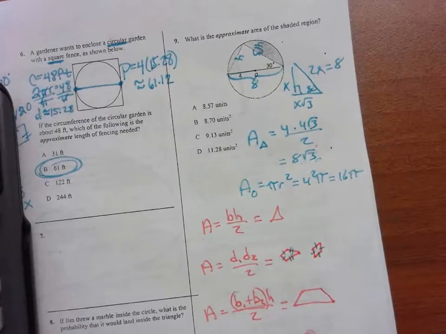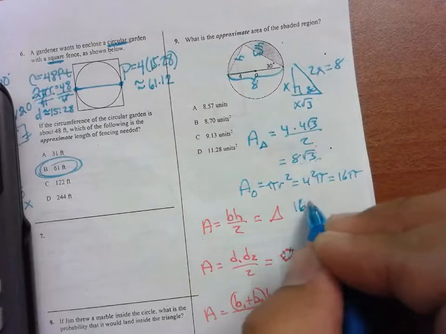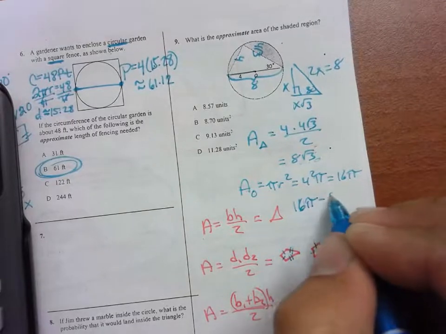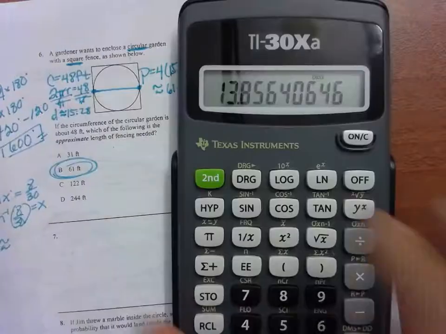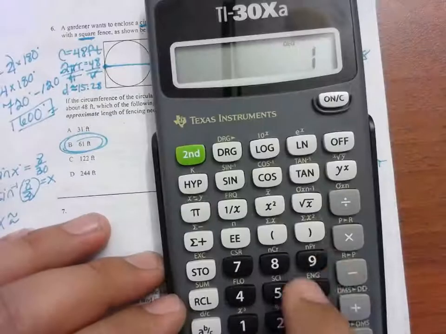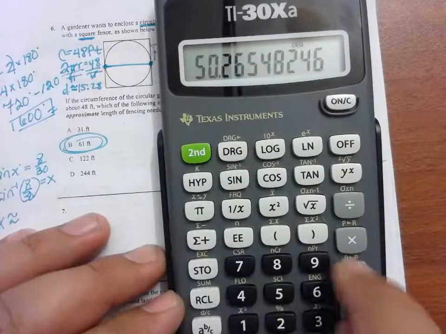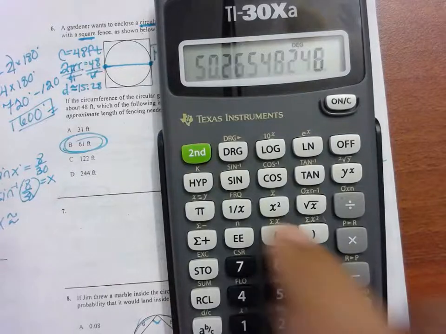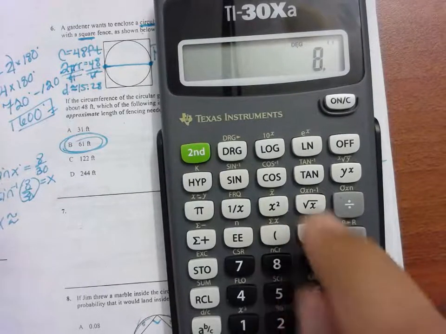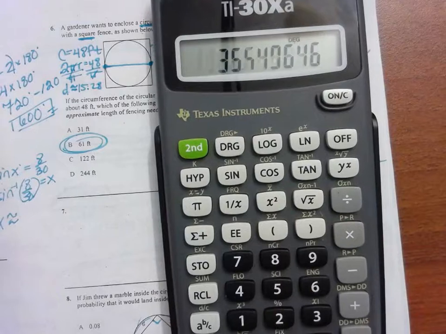To find the area of the shaded region, we just have to subtract the area of the circle, 16 pi, minus 8 root 3. So in your calculator, 16 times pi minus parentheses 8 times 3 radical.